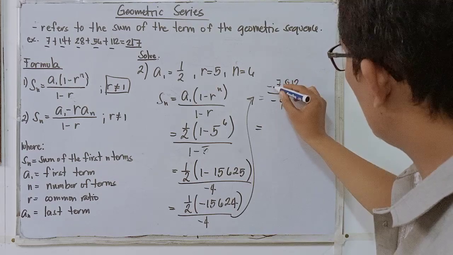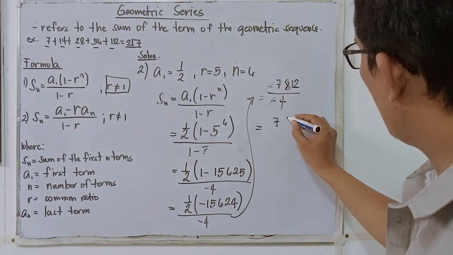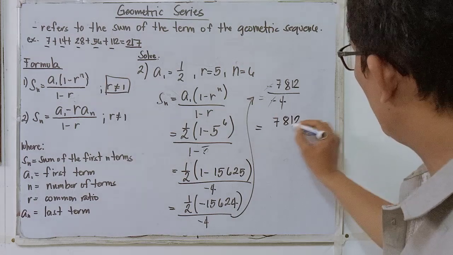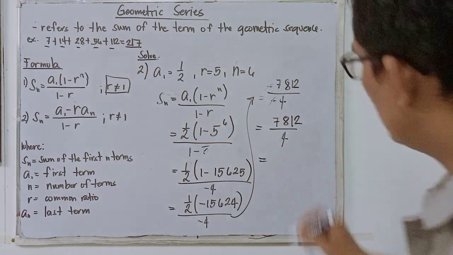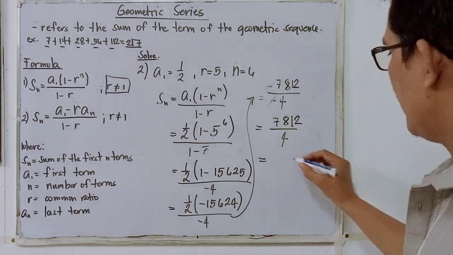Okay, then the negatives will be cancelled out. And finally, we will have to divide 7,812 all over 4. So divide 7,812 by 4. And the answer is 1,953.